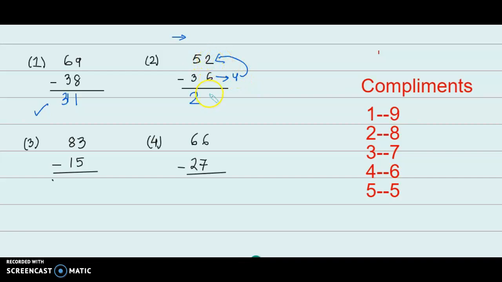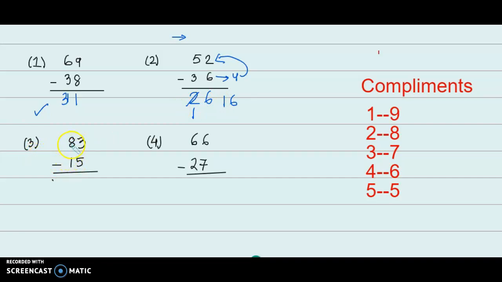So 4 plus 2 is 6. And as you have done this, as this is smaller, you have to reduce the previous digit by 1. So our final answer becomes 16. I hope you understood. Let us take another example.